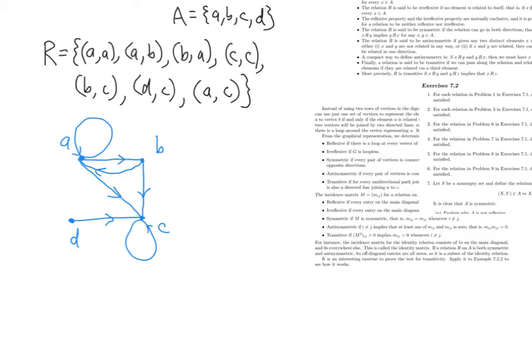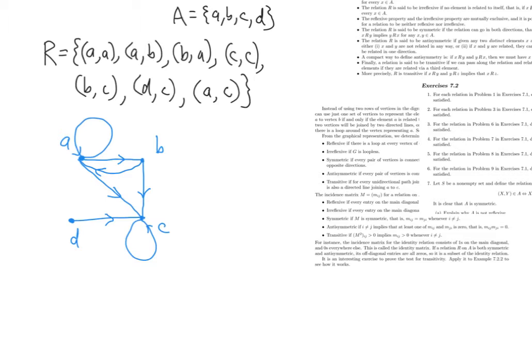And then also, because I have A to C, I would need C to A, so I'd need to add quite a bit more to R in order to make it symmetric. So that's what's missing. That's what's preventing this relation from being symmetric.